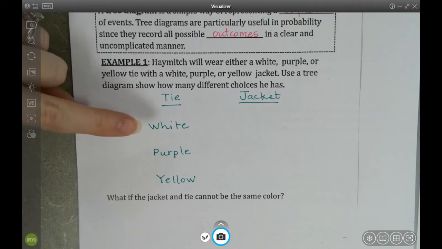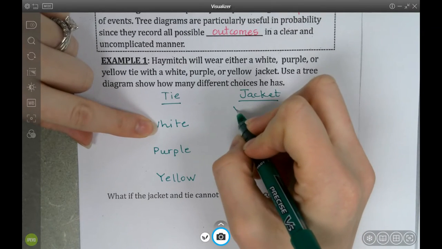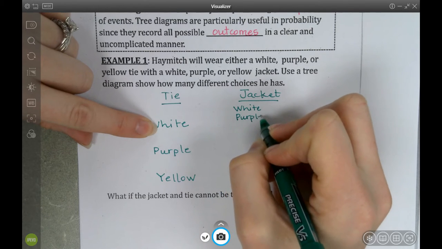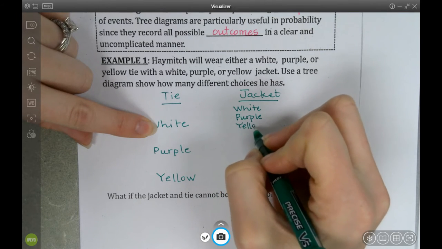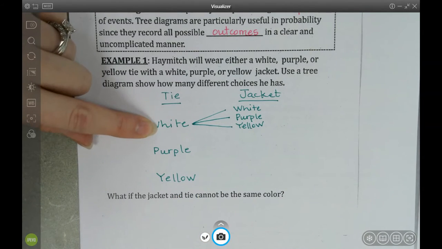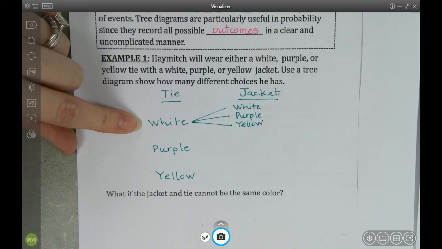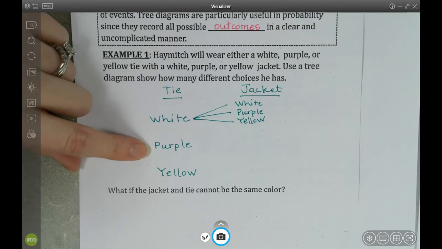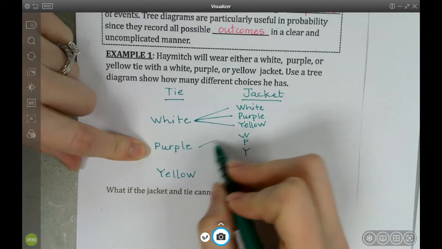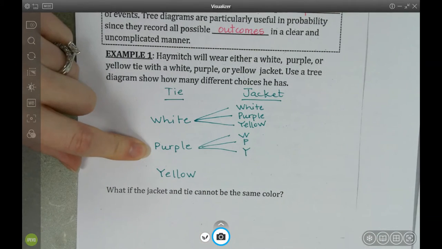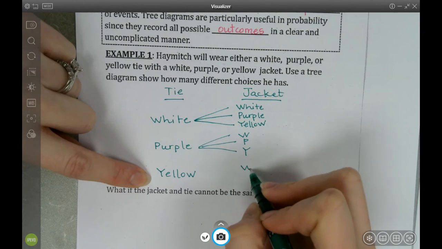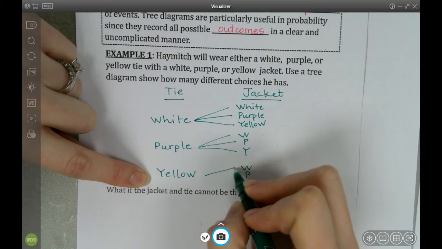So if he chooses a white tie, he could choose the white jacket, or the purple jacket, or the yellow jacket. Okay, if he chooses the purple tie, he could choose either the white, purple, or yellow jacket. If he chooses the yellow tie, he could choose either the white, purple, or yellow jacket.